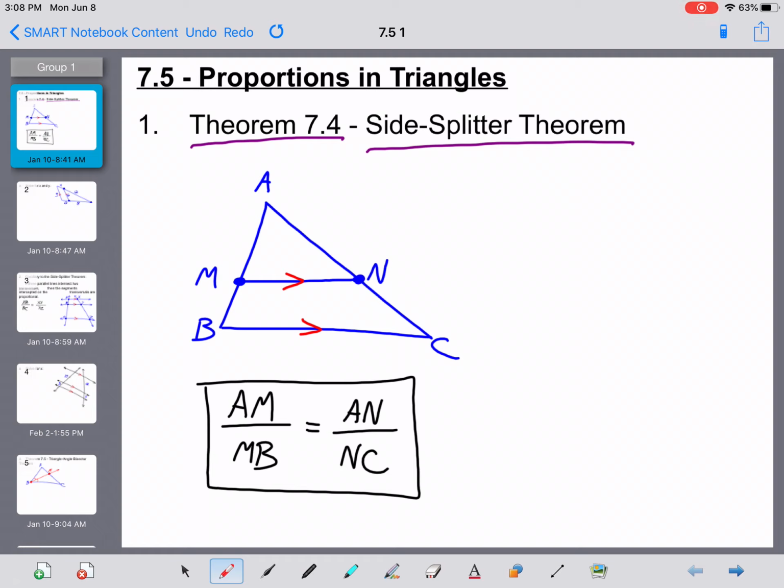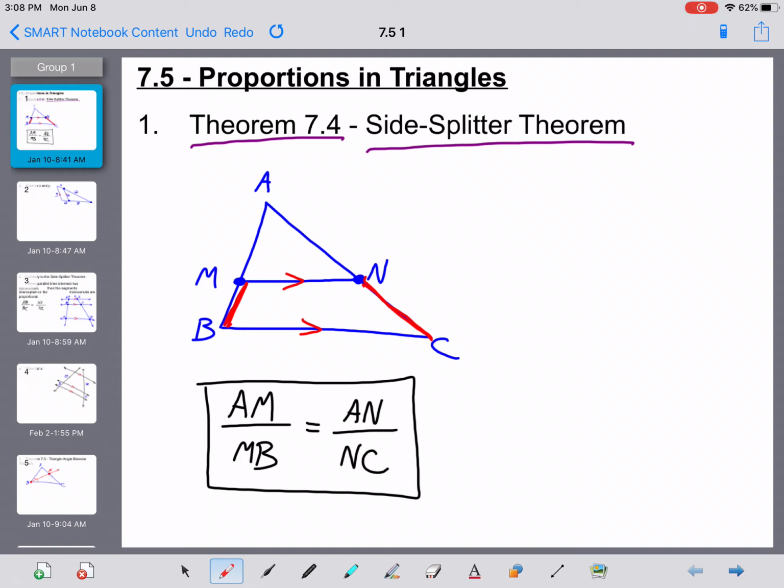The side splitter theorem says that in addition to the full sides of the triangles being proportional, these little pieces right here, line segment MB and line segment NC, which are not complete parts of a triangle, can also be used within a proportion when we're dealing with corresponding sides.